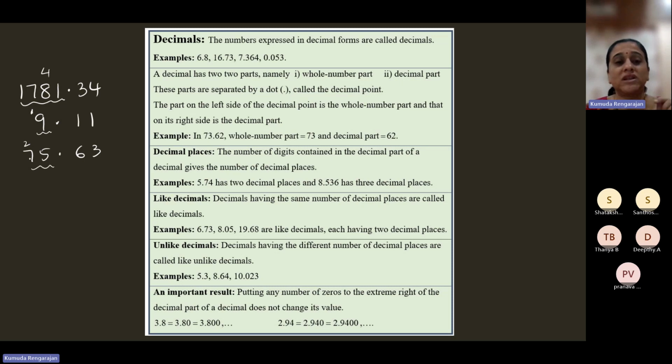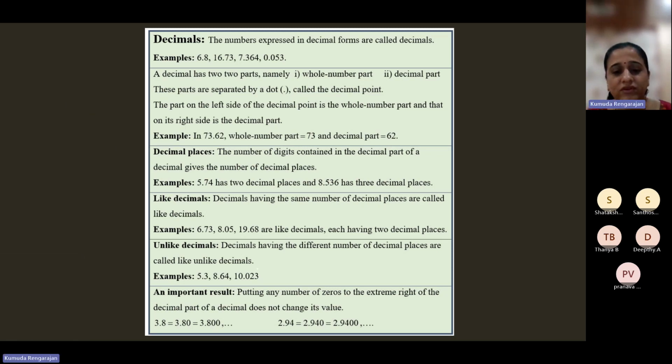We are not concerned about the number of digits in the whole number part. We are only concerned about the number of digits in the decimal part. After the decimal point, 2 digits. Like decimals, because they have the same number of decimal places.